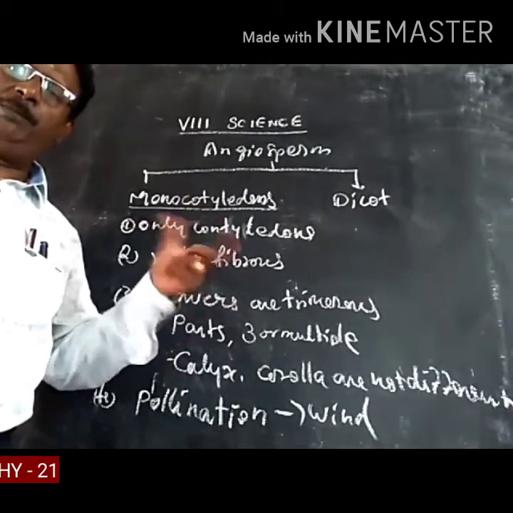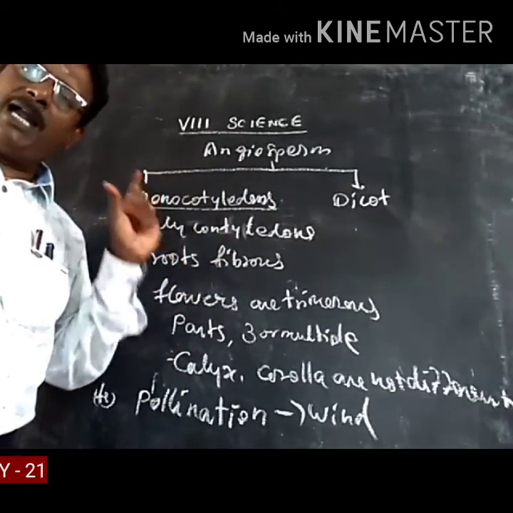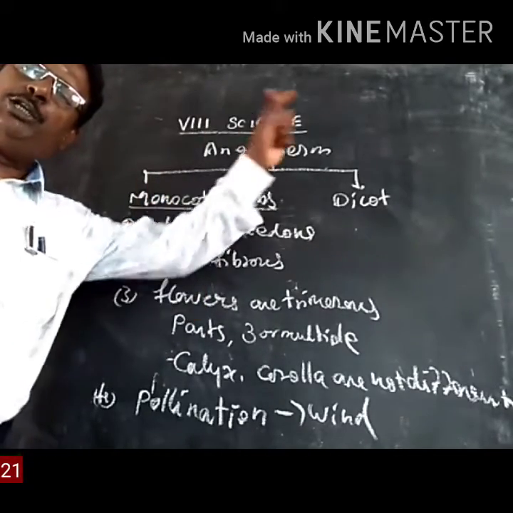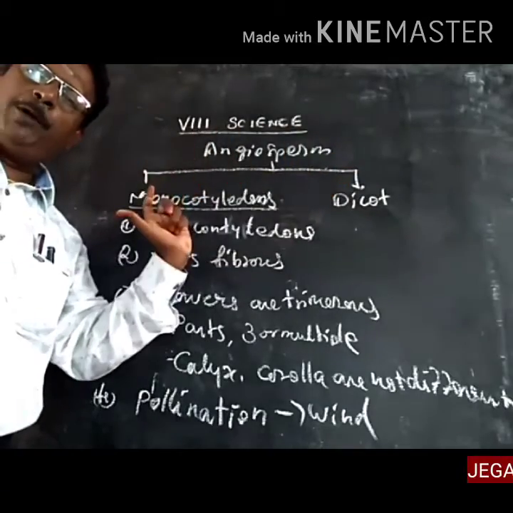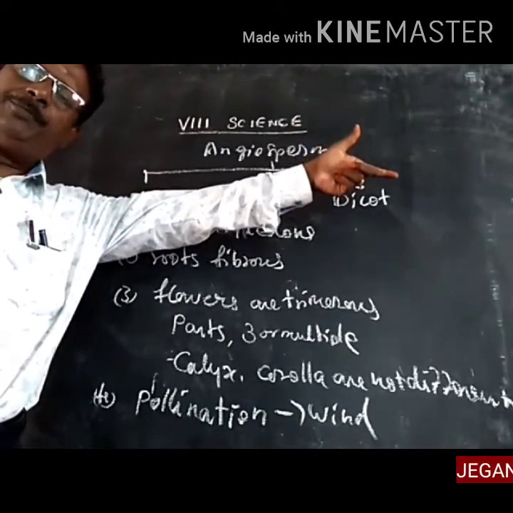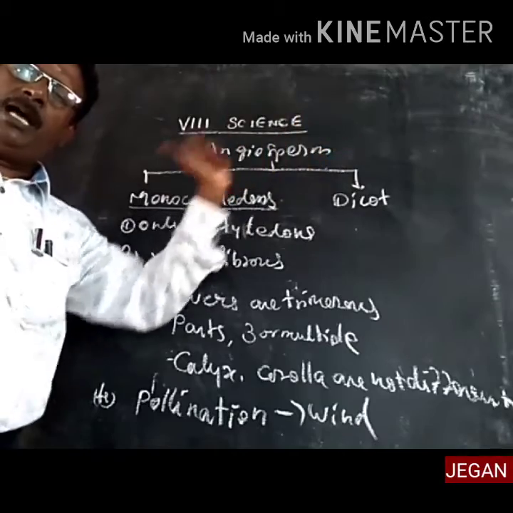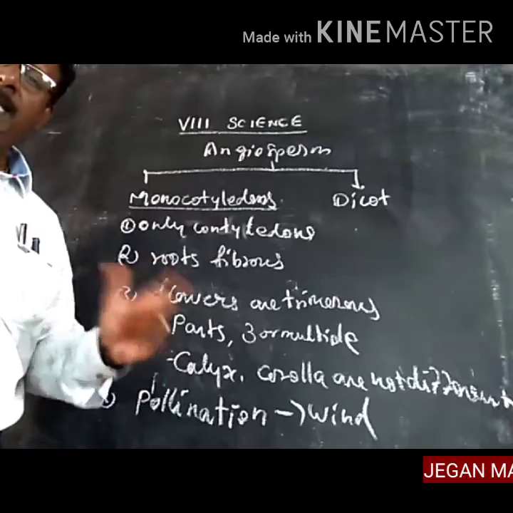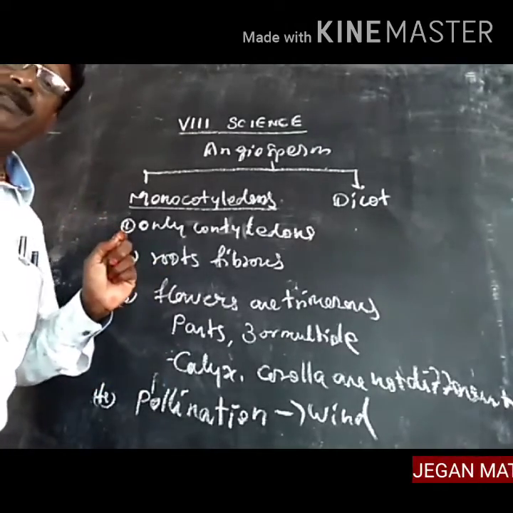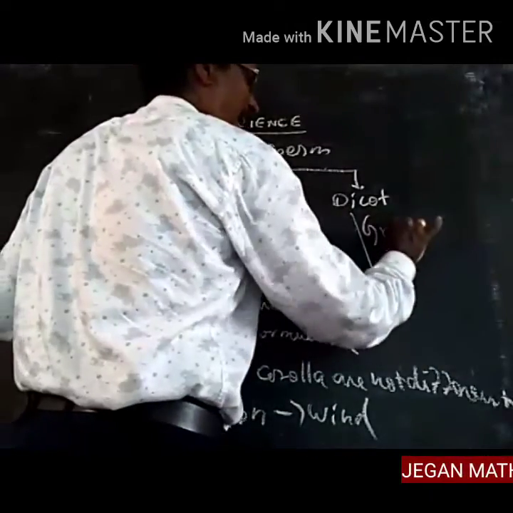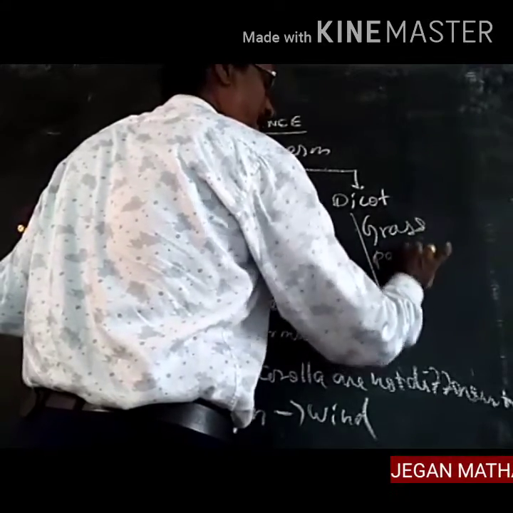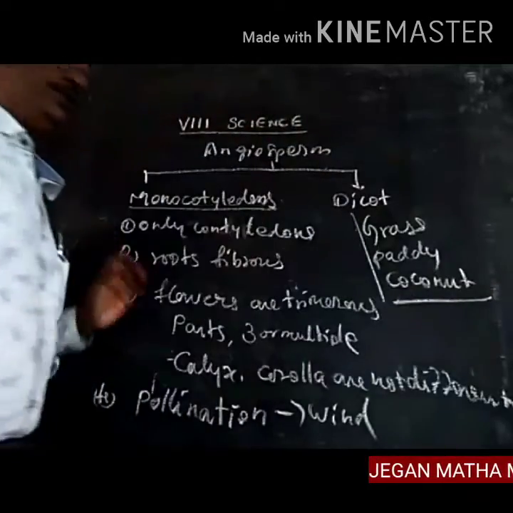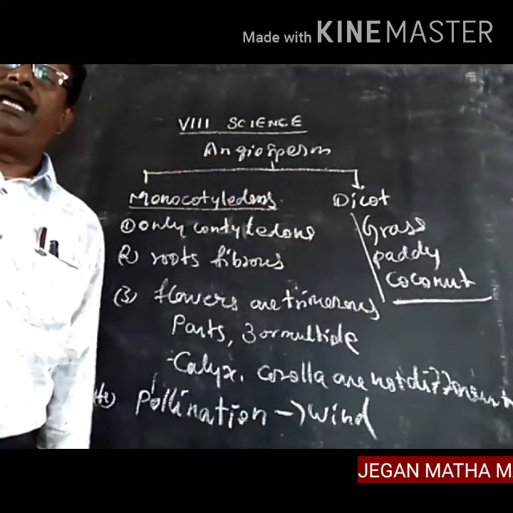Pollination means the transfer of pollen grain from anther to stigma, from the male reproductive organ to the female reproductive organ, through the air or wind. It is called anemophilous flowers. Examples: grass, paddy, and coconut.